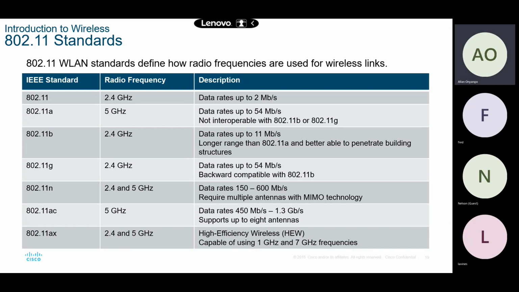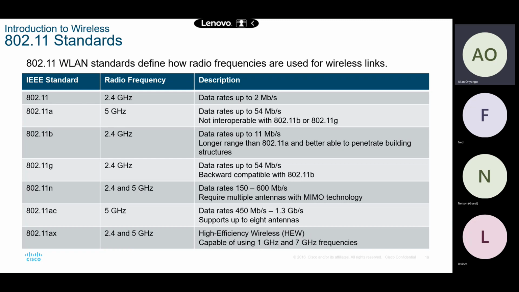Then we have 802.11n, and this is important, 11n and 11ax use both 2.4 and 5 gigahertz. And 11n has data rates between 150 and 600 Mbps. And 11ax uses what's called HEW, high efficiency wireless, which is capable of using 1 gigahertz and 7 gigahertz frequencies.